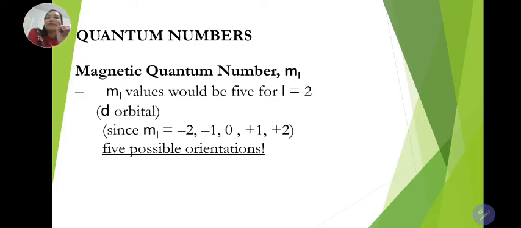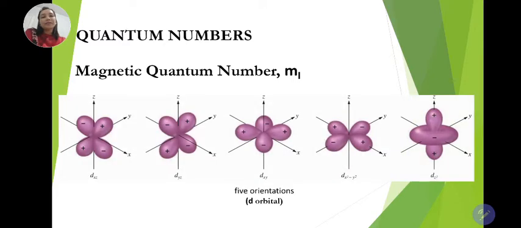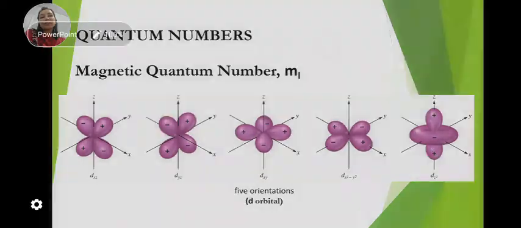So, M sub L has values for L equal to 2. So, that's the d orbital. If we have the sublevel 2, we have these possible orientations: negative 2, negative 1, 0, positive 1, and positive 2. We have 5 possible orientations of our electrons.